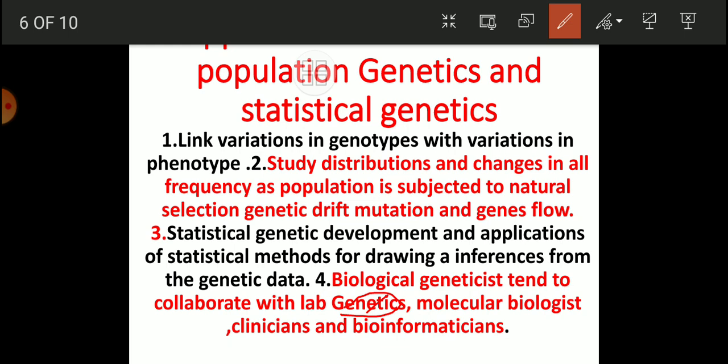Here the word is geneticist, you have to keep this in mind. So the scientists who work in various labs, such as geneticists, molecular biologists, clinicians, bioinformaticians, tend to collaborate with each other.